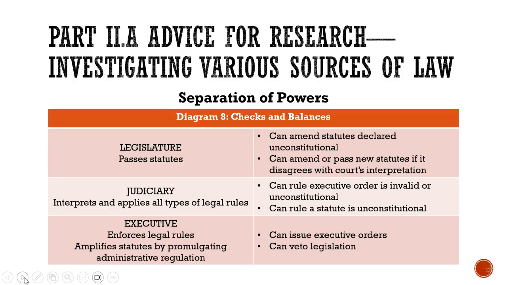The legislature might pass a law, a statute, and then delegate enforcement powers to an agency. And the agency will develop and promulgate administrative regulations, and so that's part of the executive branch. But the executive branch can also issue executive orders, and they can veto legislation.